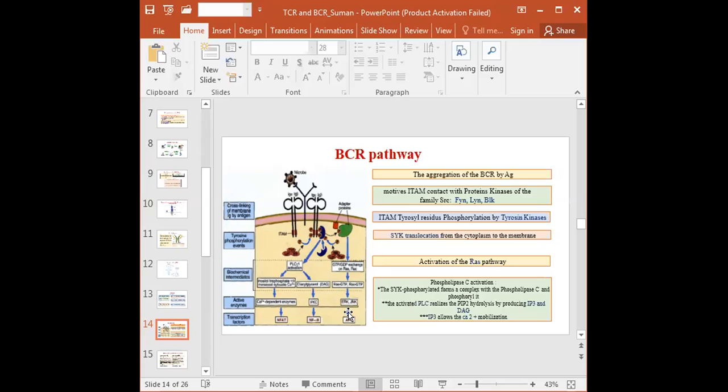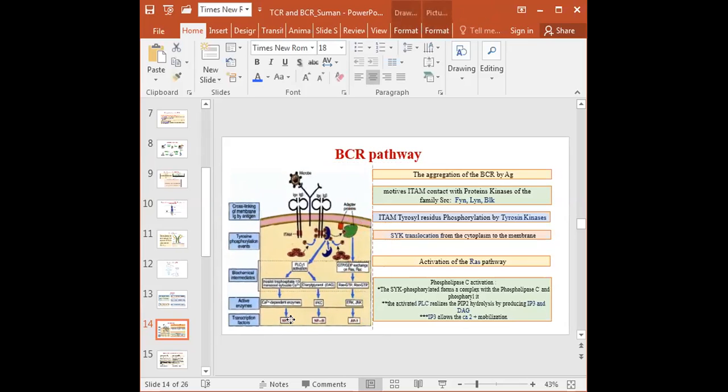Subsequently, SYK translocation from the cytoplasm to the membrane takes place, which activates the RAS pathway. Here you can see different types of biochemical intermediates and different types of enzymes functioning. There may be different pathways they are performing, and many transcription factors are also expressed.